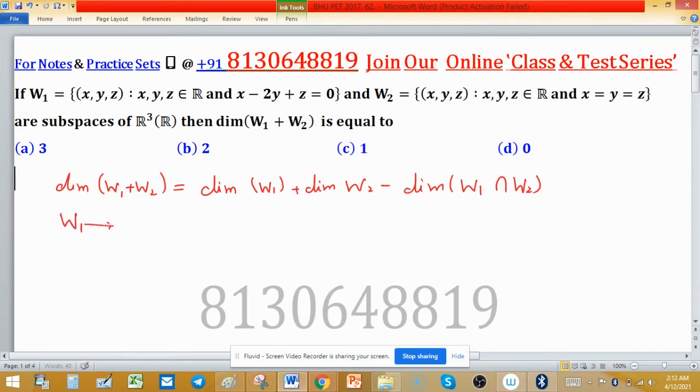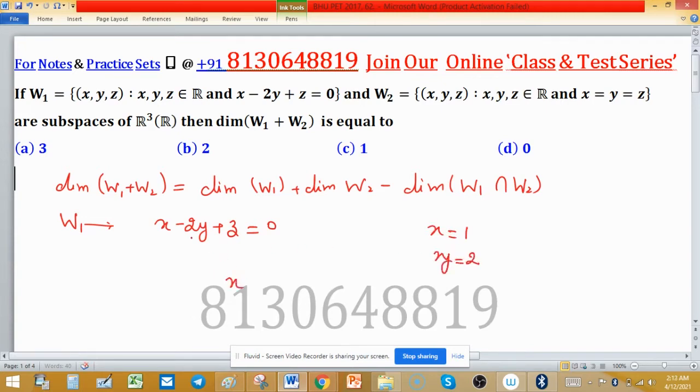The elements of W1 have the property x minus 2y plus z equal to 0, which means x, y, z are three variables, but you are independent only on two of them, so you can pick any values. Suppose x is 1 and y is 2.